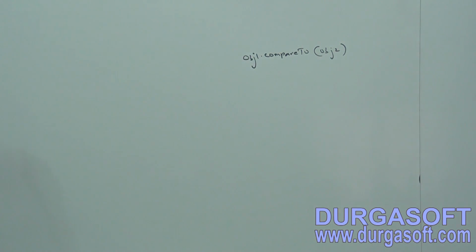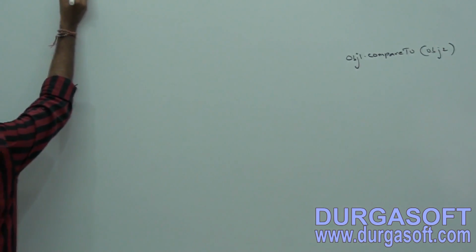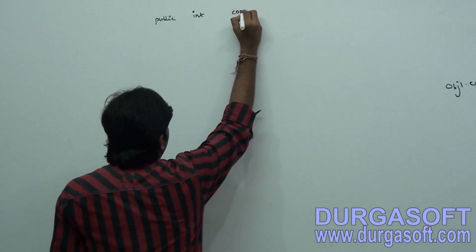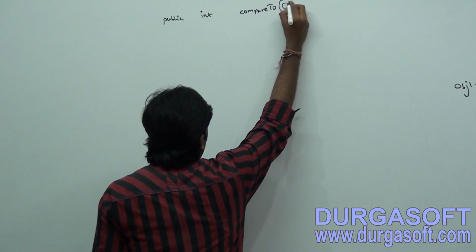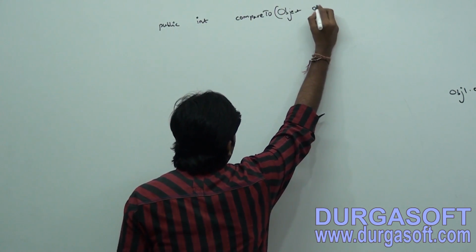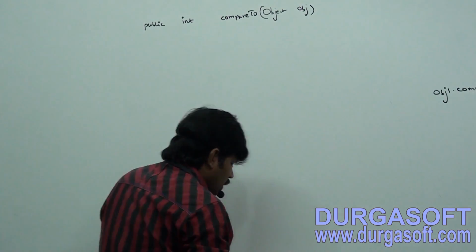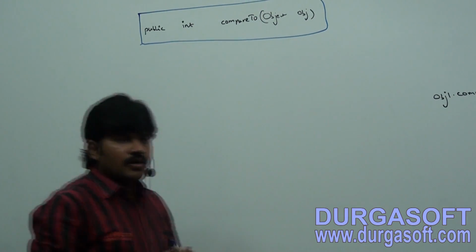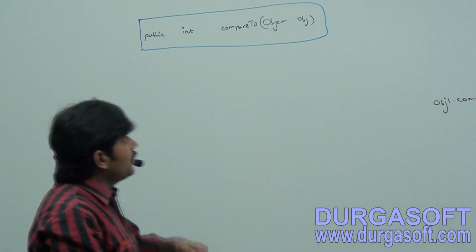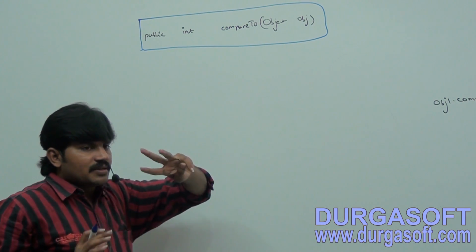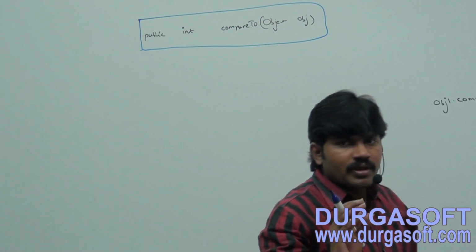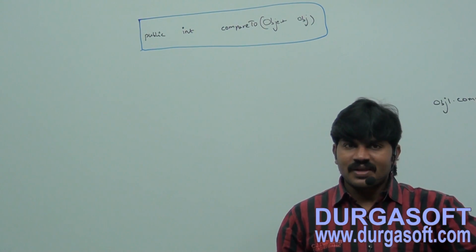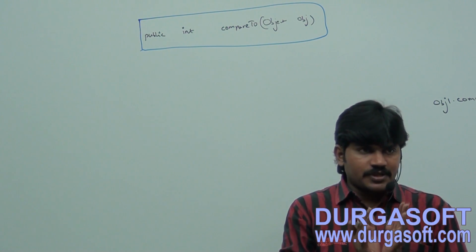That's why the return type of compareTo is int: public int compareTo(Object obj). For an int, we can decide three categories: a negative number is one category, a positive number is another, and 0 is the third.